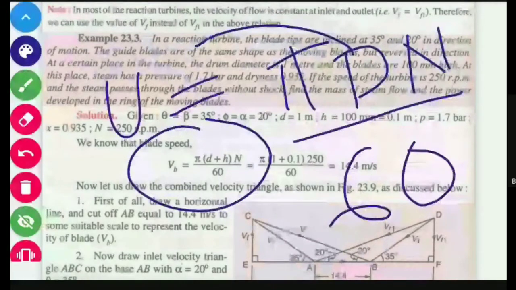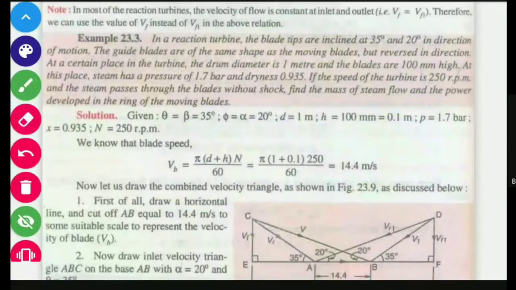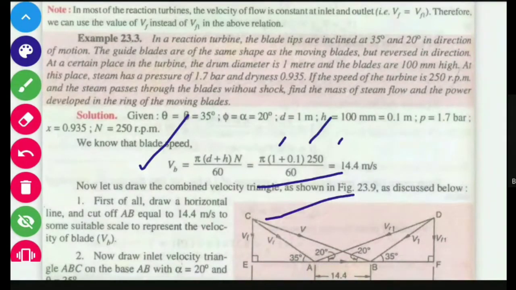It is the summation of small d plus h, where small d is the drum diameter and h is the height of the blade. Using pi, small d, small h, and N, you will get u in meter per second.